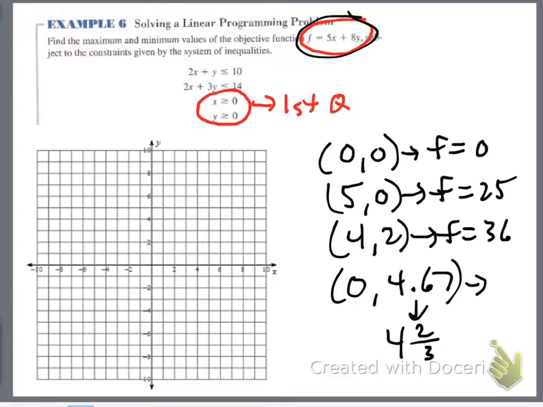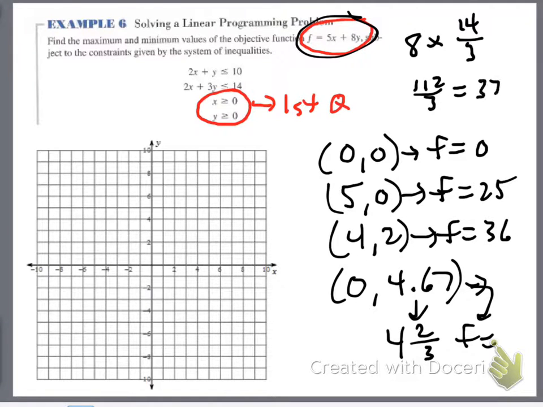Okay, last one. 8 times 4 2/3, 8 times 14/3. Do some math. 112 over 3, which is 37.3 repeating.